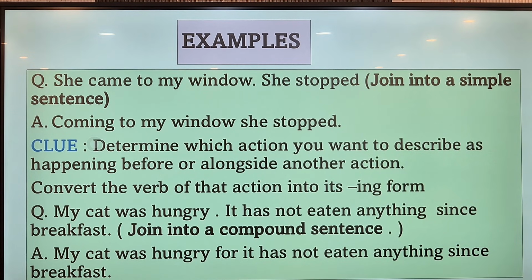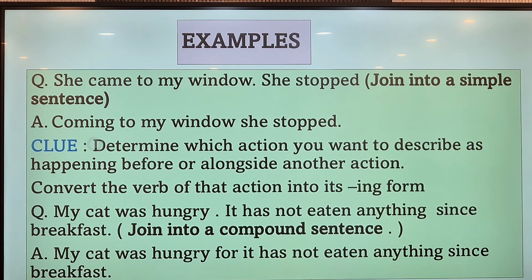So the action which is described to be more important is coming to my window. After she came to my window, she stopped. So coming to my window would be given more importance, and hence coming to my window, she stopped would be the answer. So here convert the verb of that action to its ing form.